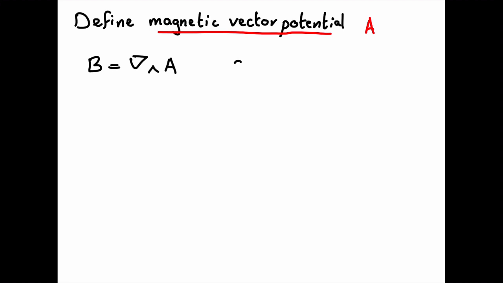Now, we should compare this with electric fields, because remember, the electric field is given by minus grad phi. So phi here is a scalar potential, okay, one number at each point in space, but A is a vector, okay.